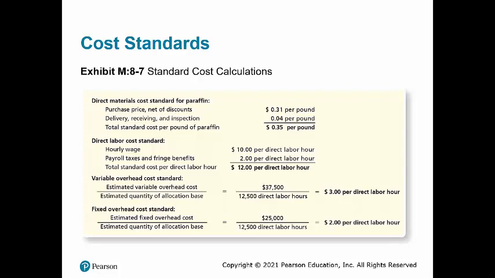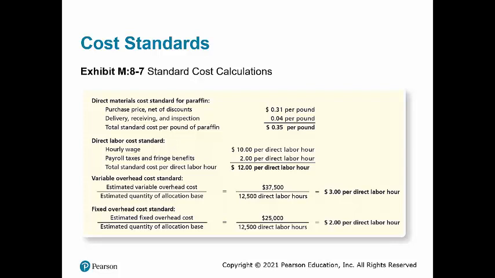Delivery, receiving, and inspection add an average of 4 cents per pound, for a total of 35 cents per pound. Cheerful Colors' hourly wage for workers is $10, and payroll taxes and fringe benefits total $2 per direct labor hour, for a total of $12 per direct labor hour.